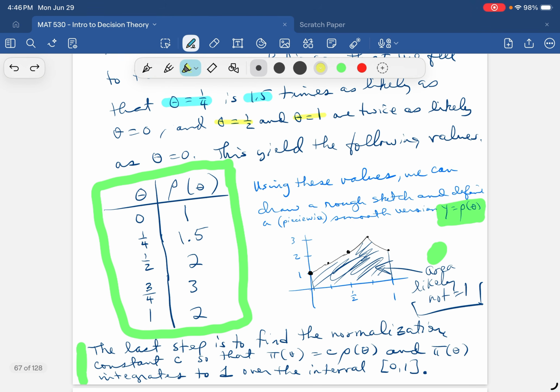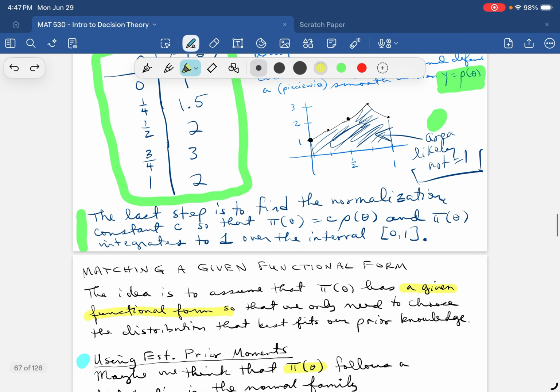Okay, so that's how you use this idea of relative likelihood to construct a prior distribution. We could also try to fit a functional form. In other words, maybe we decide that some normal distribution would be appropriate, or some exponential distribution, or whatever.